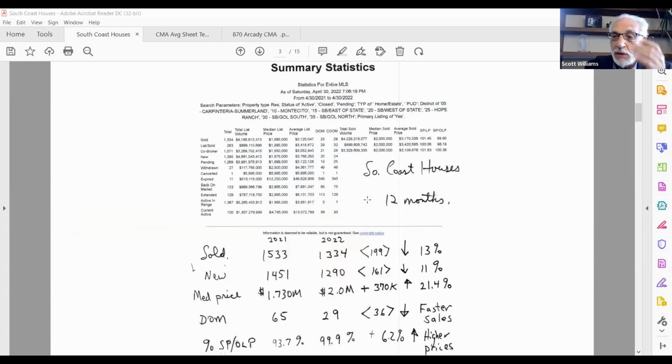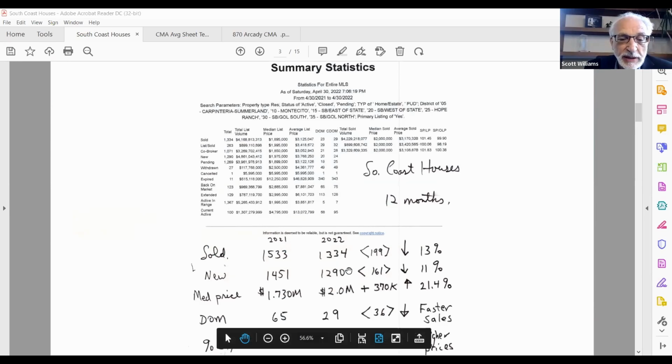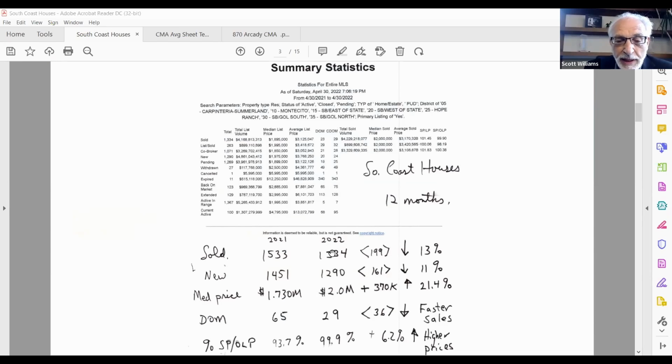Now, we were just a moment ago looking at the summary statistics from the MLS. So this is what a page looks like. I'm not going to have you take a look at all of this stuff, but here I wrote down how many homes sold in 2021, how many sold in 2022, the change, and the percentages.